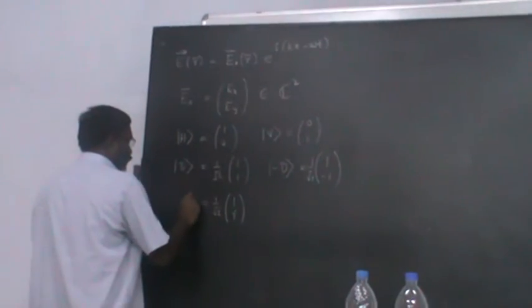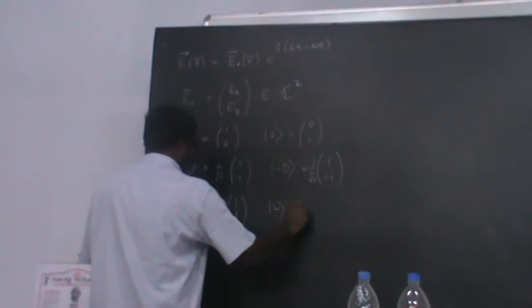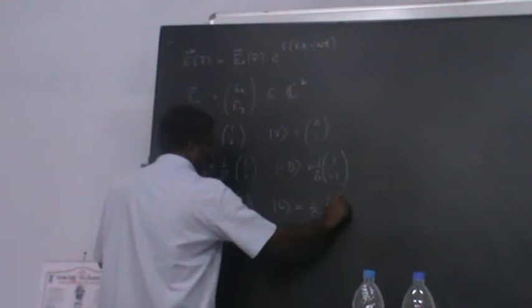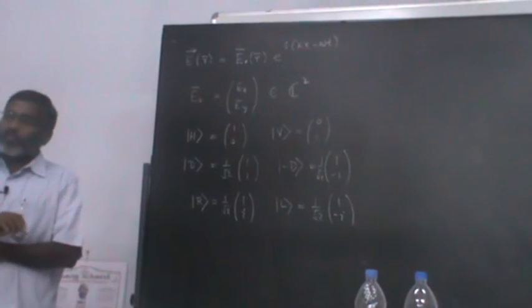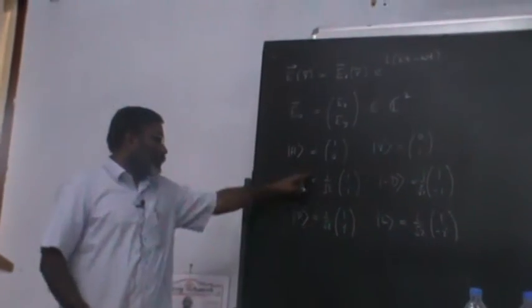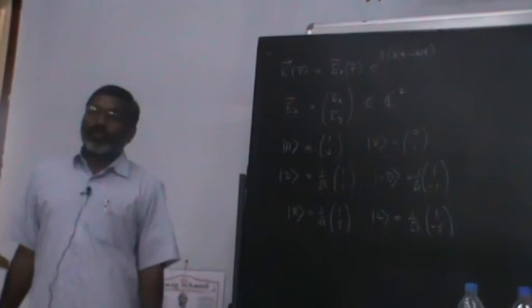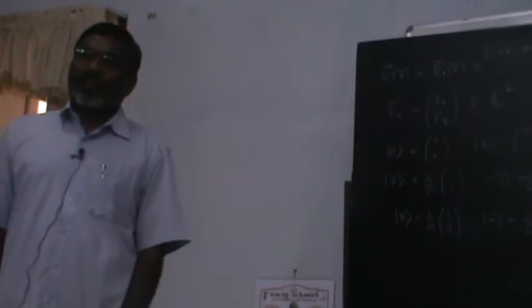So you can say this is right circularly polarized, and then you have left circularly polarized as 1 over root 2 times (1, -i). Actually, in electromagnetic theory, these vectors are called Jones vectors. Jones vectors describe the state of polarization.